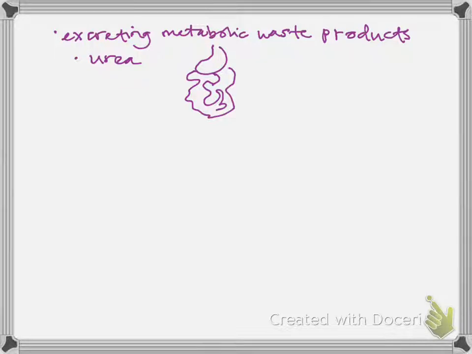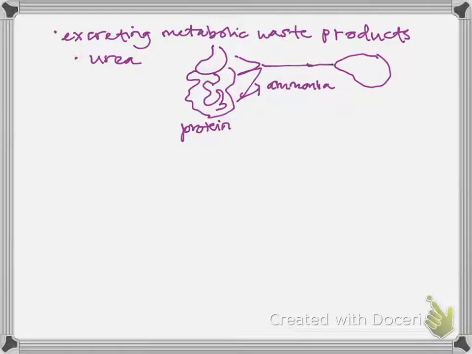I'm digesting protein, and breaking down protein in the gut releases something called ammonia. Ammonia filters through the liver, through the portal circulation, where all of these blood vessels from the intestines return through the liver to go back to the heart, and here they're being metabolized. One example of that is that ammonia is converted to urea, which is excretable by the kidneys.